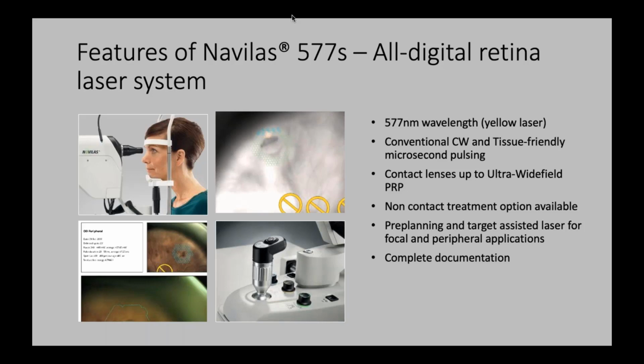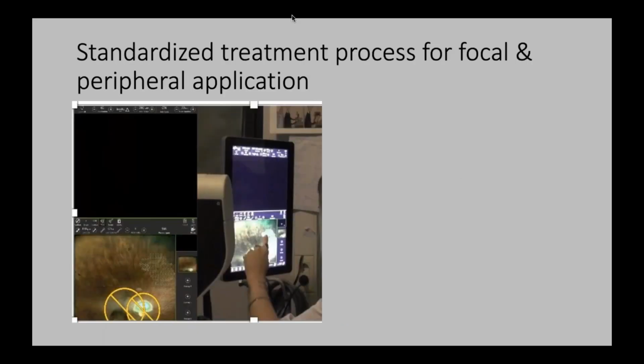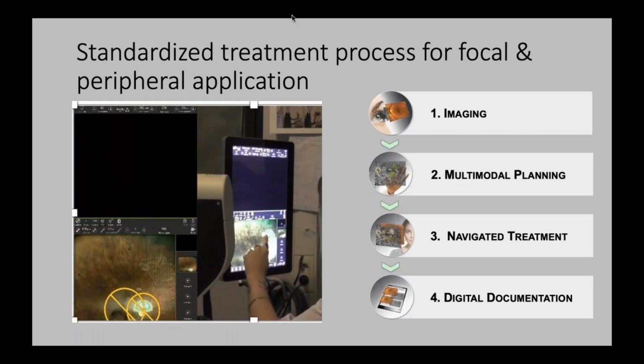The software keeps an entire record of the treatment plan and post-treatment picture. So this helps with a standardized treatment process where one can use prior multimodal images to plan treatment, deliver navigated treatment, and keep a digital documentation of the entire process.